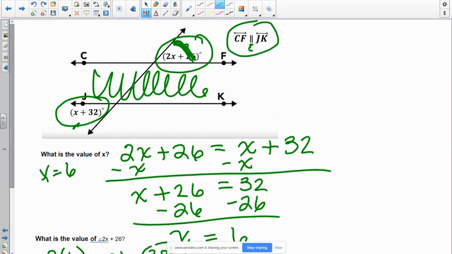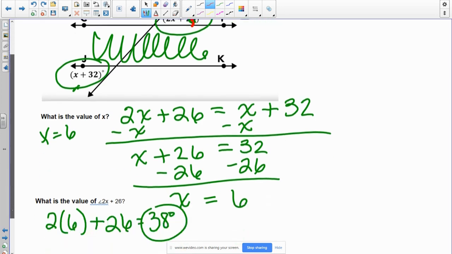So if I look back up here, just for common sense, this is an acute angle, 38 degrees. Sounds reasonable. If I would have got 110 degrees, I would have thought to myself, I'd done something mathematically wrong somewhere in that problem, because no way is that over 90 degrees. That is an acute angle.